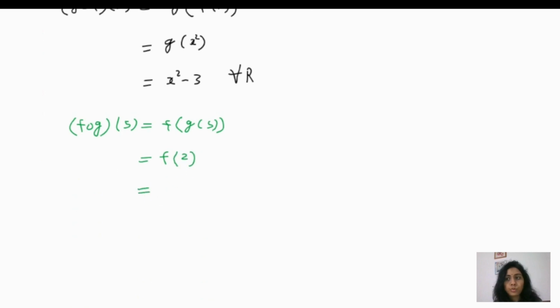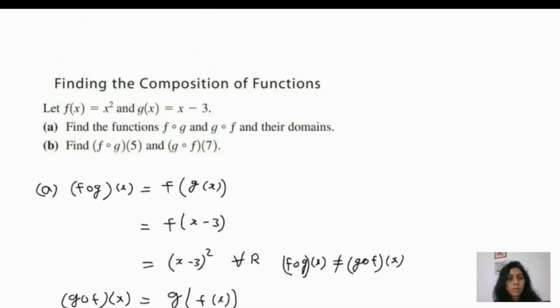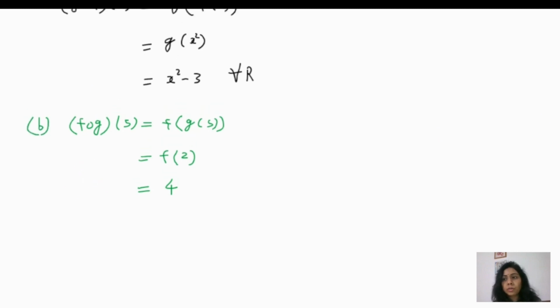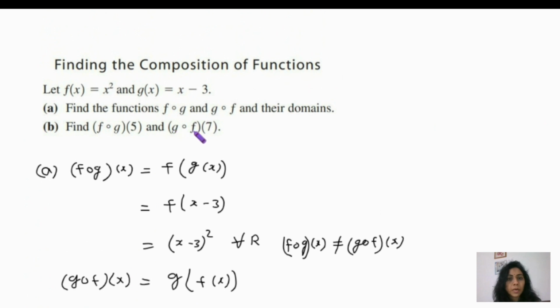Now f(2). f(x) is x square, so f(2) is 2 square, which is 4. So (f o g)(5) is 4. Now our second part, (g o f)(7).